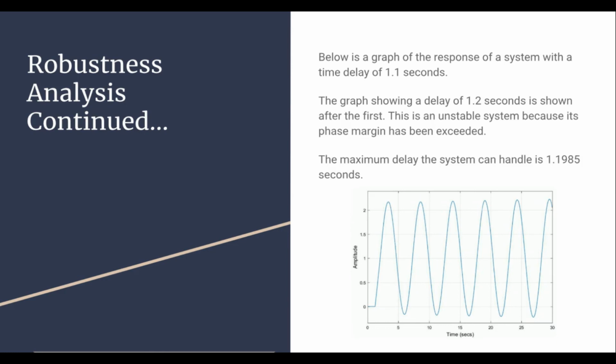You can see that the peaks are increasing and the system has become unstable. This is because the maximum time delay our system can tolerate is 1.1985 seconds. This is reasonable because our system will be implemented inside the car that it is controlling, and so we should not expect very much delay.